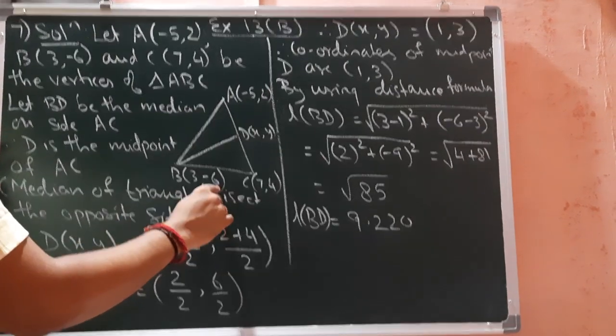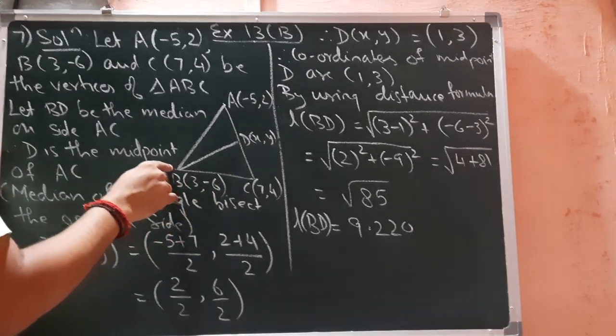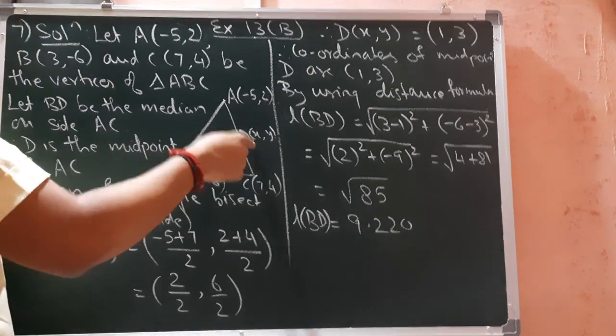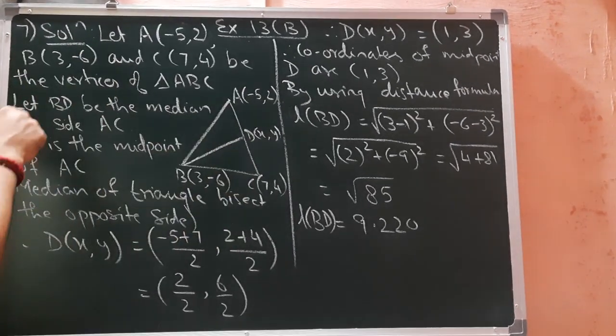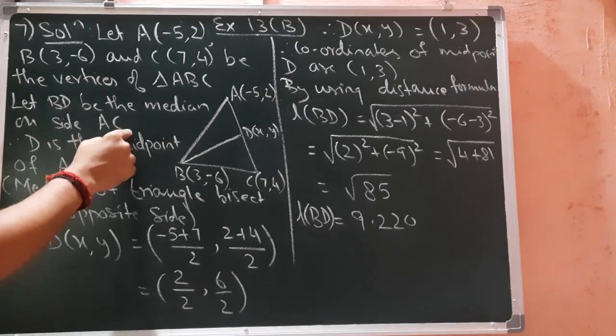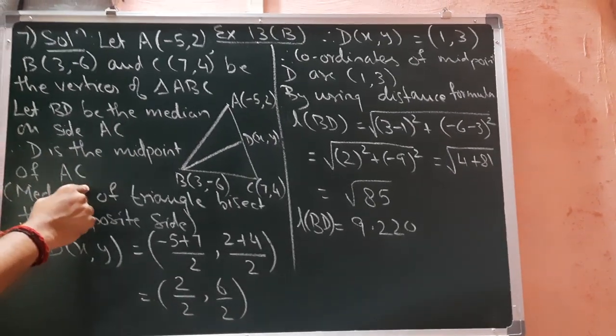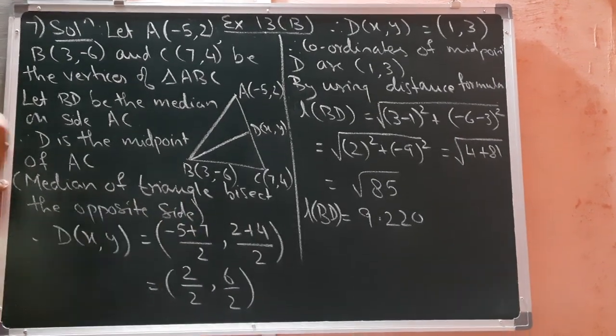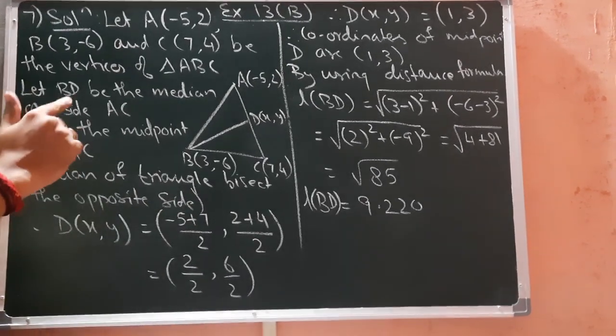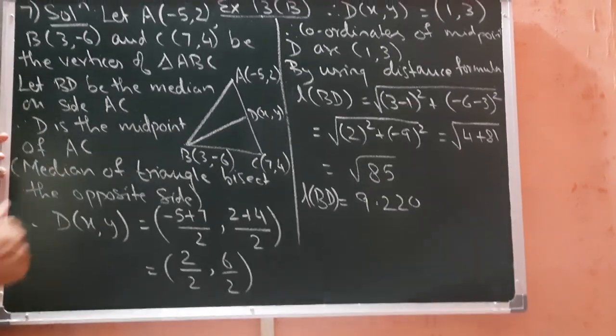So vertex (3, minus 6) is here and I want the median through vertex B. So let BD be the median on side AC. D is the midpoint of AC. Reason: the median of a triangle bisects the opposite side.